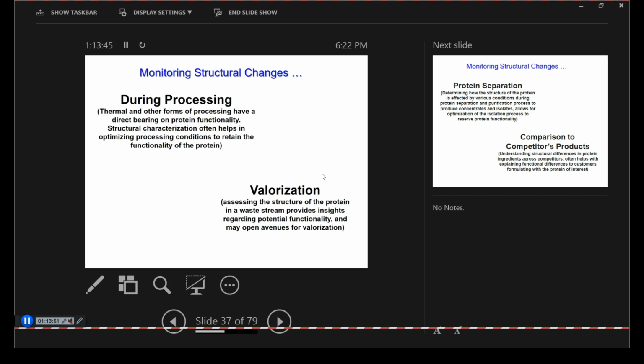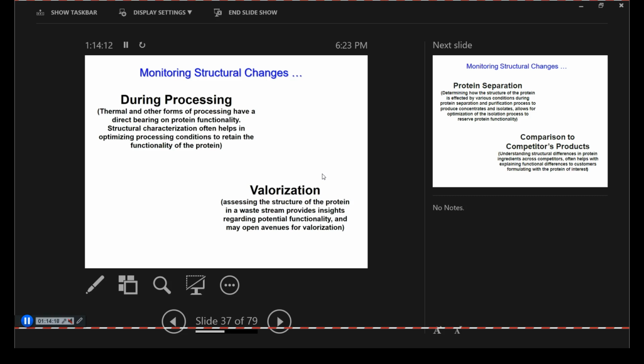For example, during processing, if we are producing a high-protein beverage and processing it under different conditions, we want to determine the shelf life of our beverage. We want to anticipate if the protein beverage is going to last 6 weeks on the shelf, 8 weeks, 12 weeks?